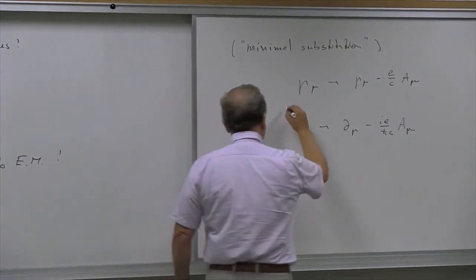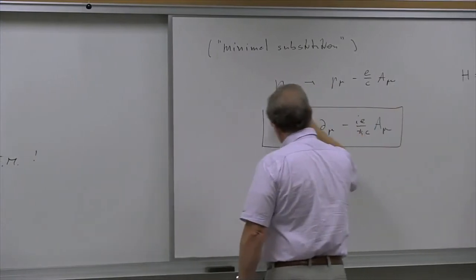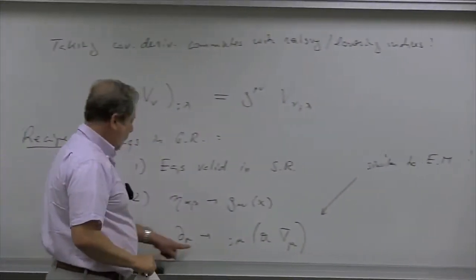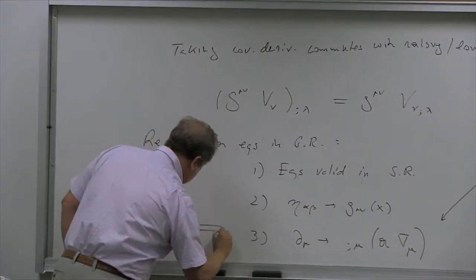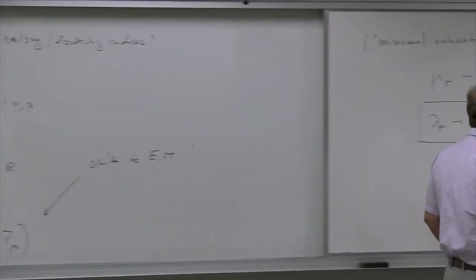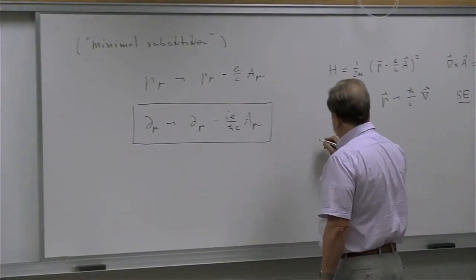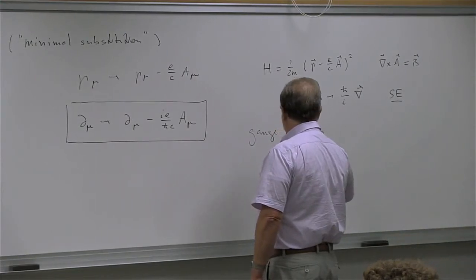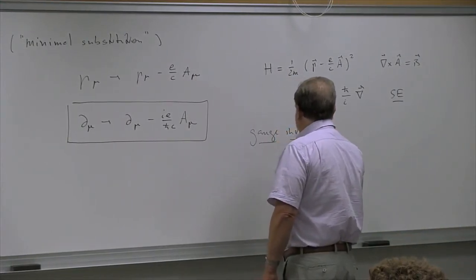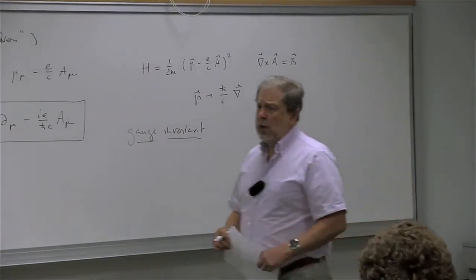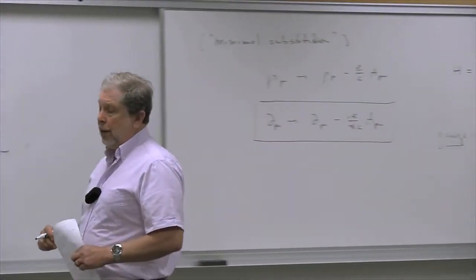And so this replacement that we do in electromagnetism is very much similar to the replacement that we are doing here, because this substitution is the one that, by the way, ensures gauge invariance. The substitution is the one that ensures that you have a Schrödinger equation which is still gauge invariant, right?